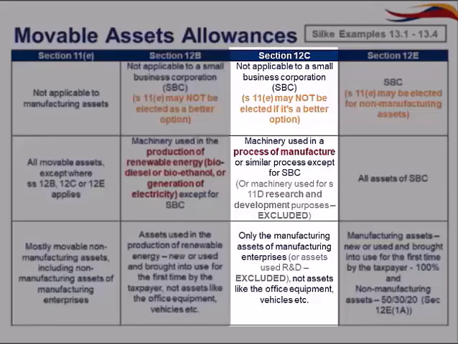It applies to the machinery used in a process of manufacture or similar process, except for small business corporations. It also applies to research and development, but that's excluded from your syllabus. Only manufacturing assets of the manufacturing enterprise qualify for section 12C, not assets like office equipment, vehicles, etc. They would go under section 11E.